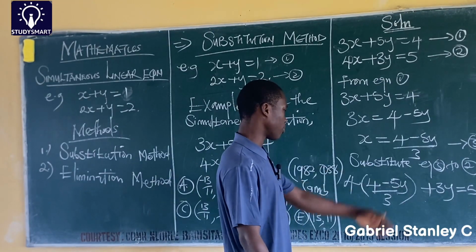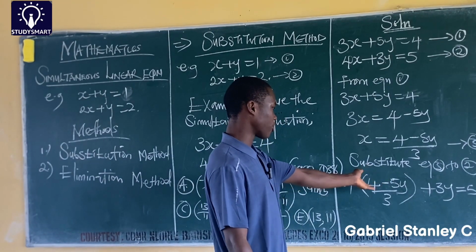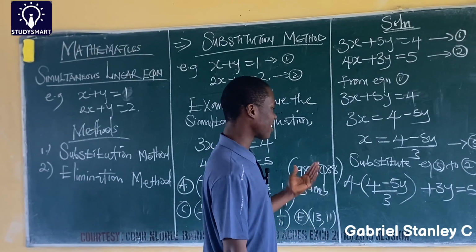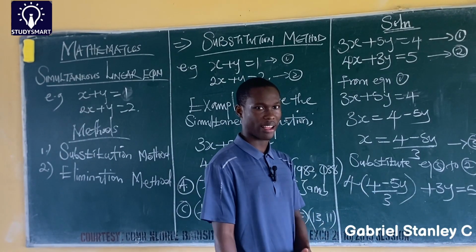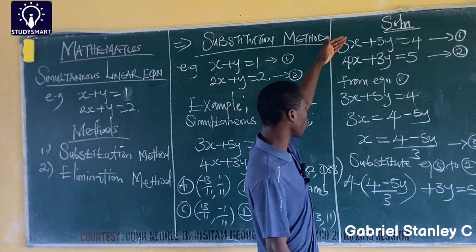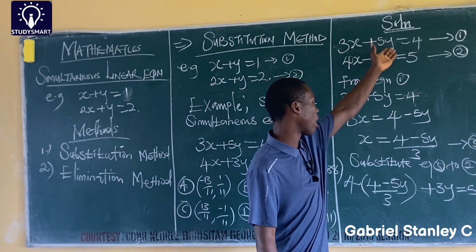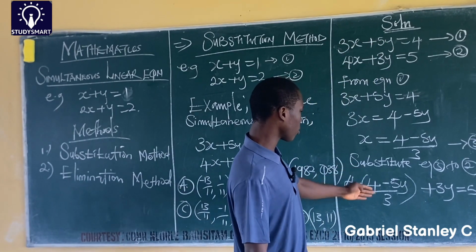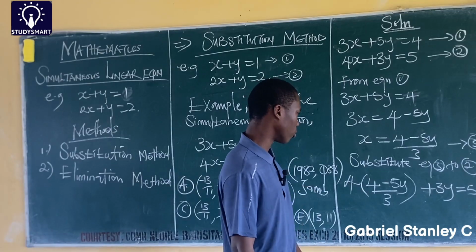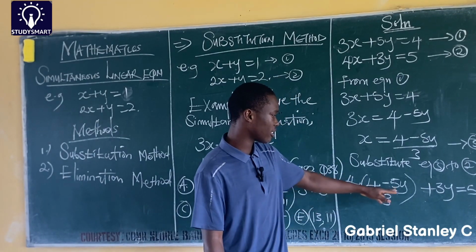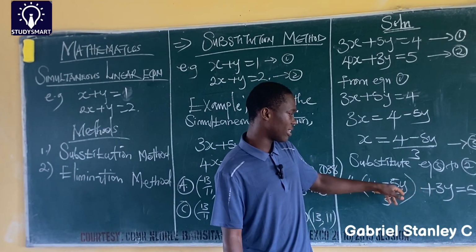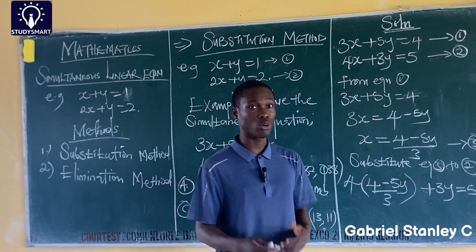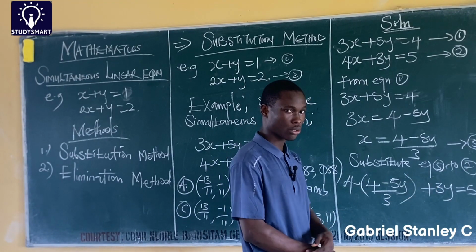If you observe very well, we've expressed everything in terms of y. In the first equation we had x and y, but after substitution we have everything in terms of y. It means we can now look for the value of y from this expression.